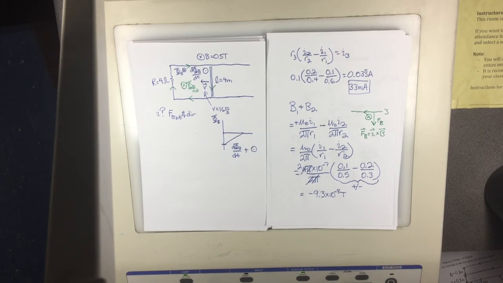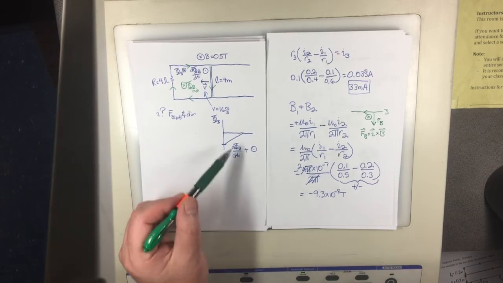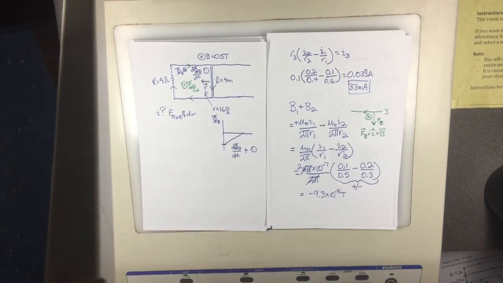It's going to go from negative 0.5 to negative 0.4 to negative 0.3, which means that the slope of the flux is positive. Sort of like if you're walking backwards at 5 meters per second, then negative 4 meters per second, negative 3 meters per second, the velocity plot will have a positive slope.